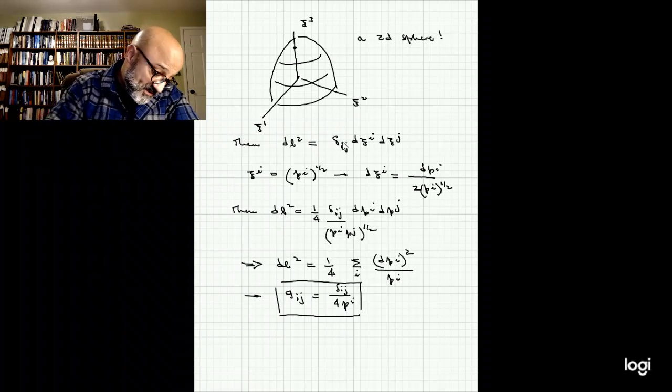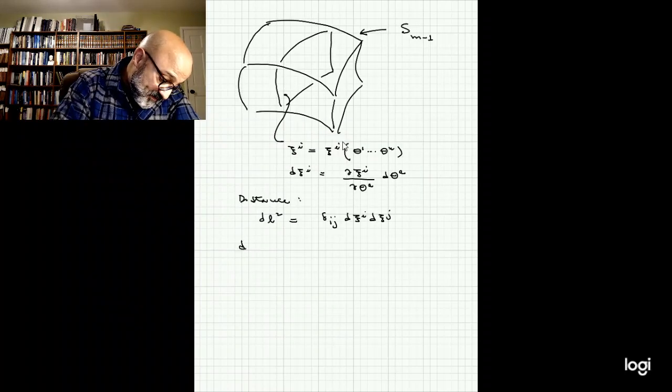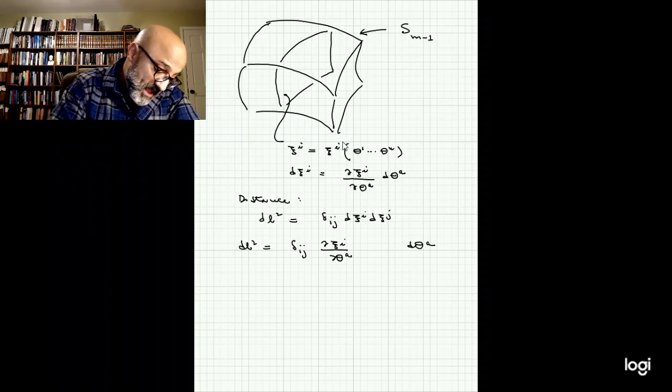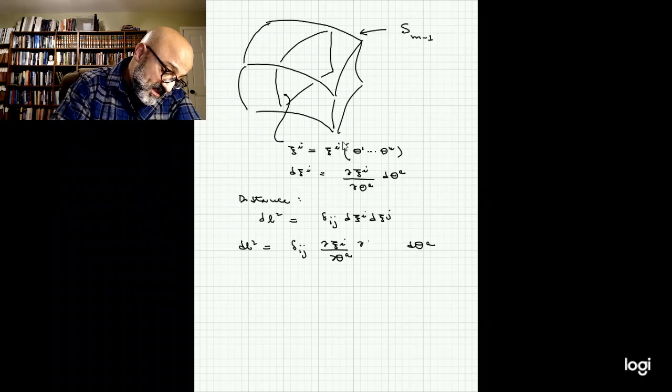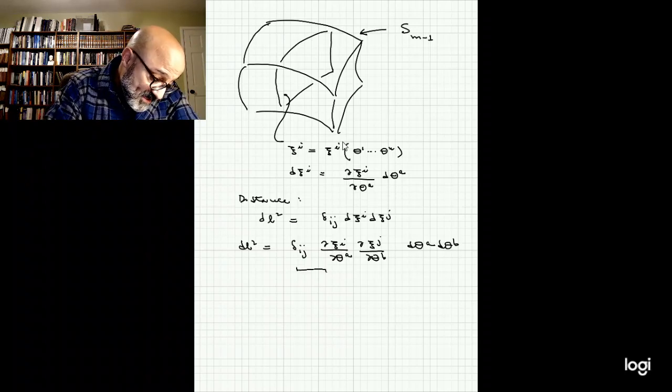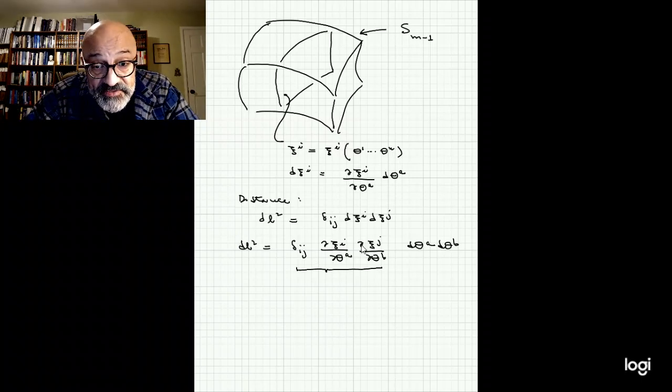So now we're going to substitute here, and we have the derivative of ci with respect to theta A, d theta A, and dCj with respect to theta B, d theta B. And so now once again we have here some kind of metric tensor.